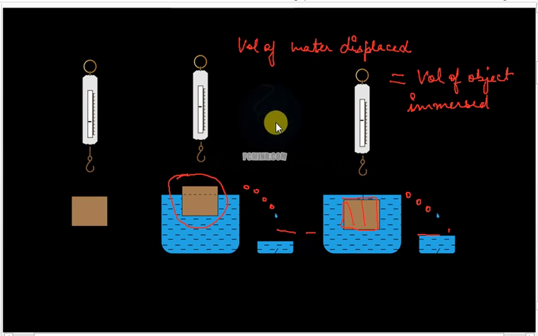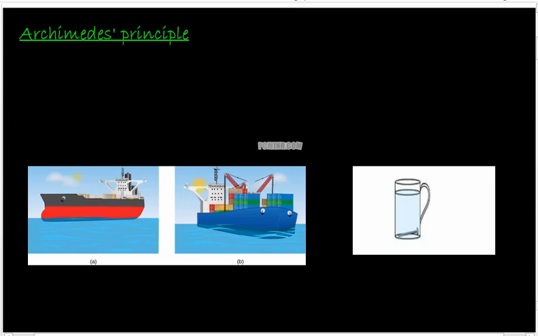And further, the volume of water displaced determines whether your object is going to sink to the bottom or float on the surface. So this factor is responsible for the floating of big ships and the sinking of a small iron needle, because a big ship's volume is large, so it displaces a large amount of water.